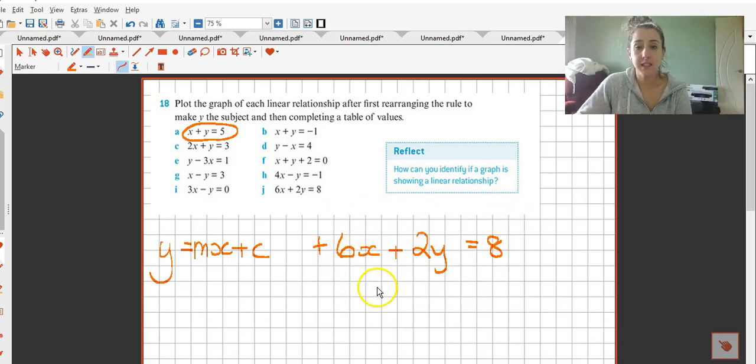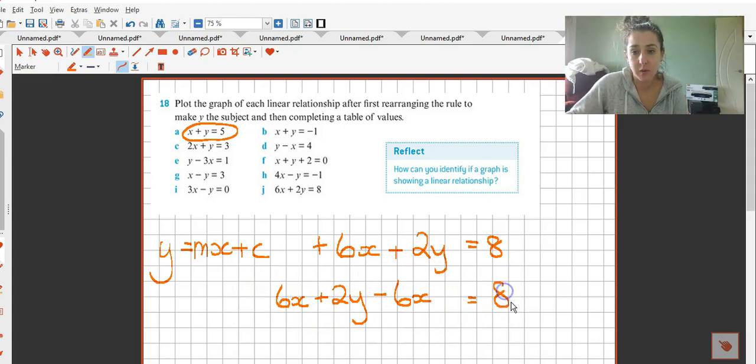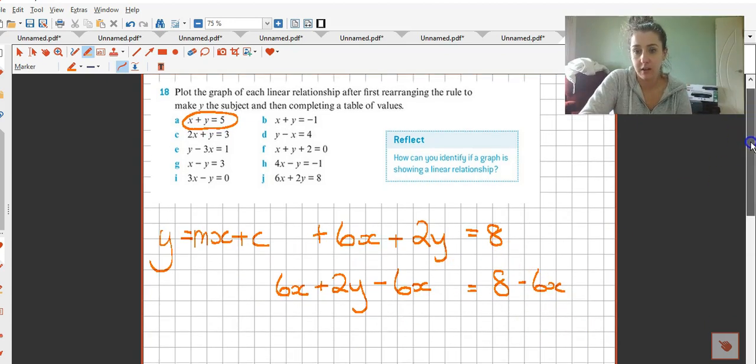Again, we've got this positive 6x. So I'm going to go 6x plus 2y, and I'm going to have to take 6x, because that's plus 6x, equals 8 minus 6x, because whatever I do to this side, I need to also do to this side.